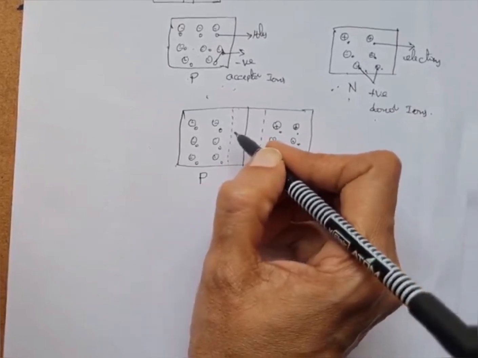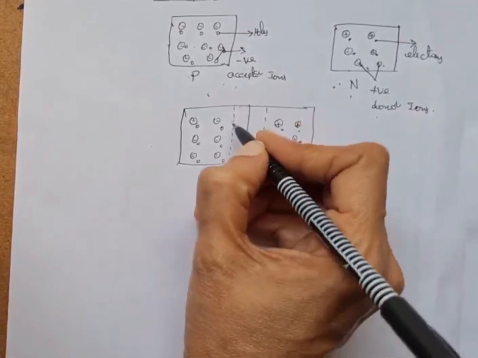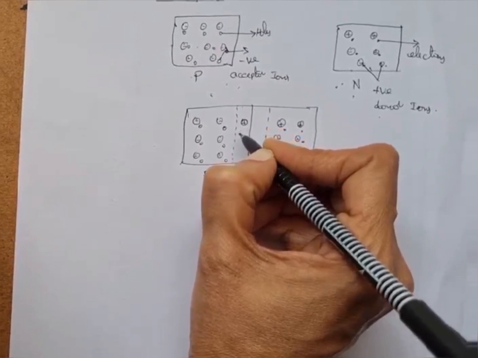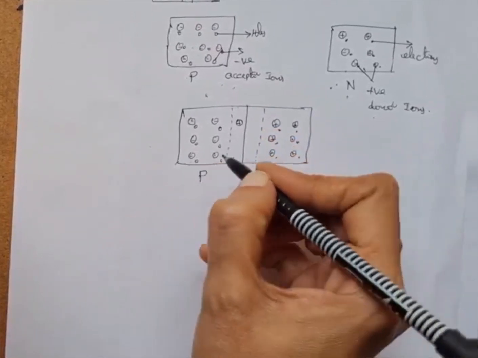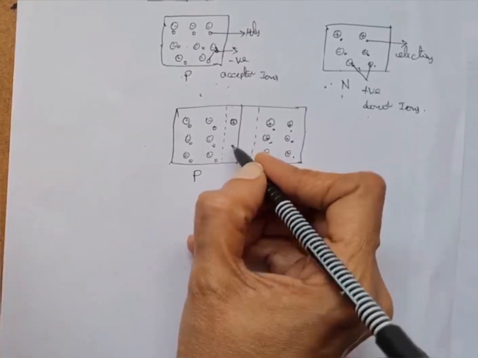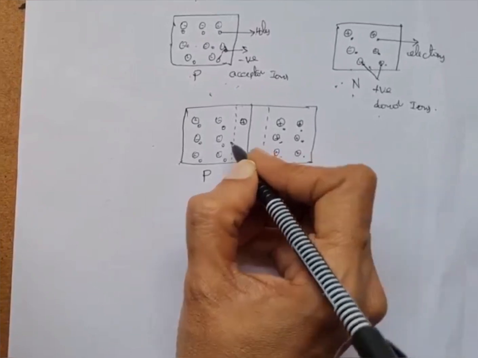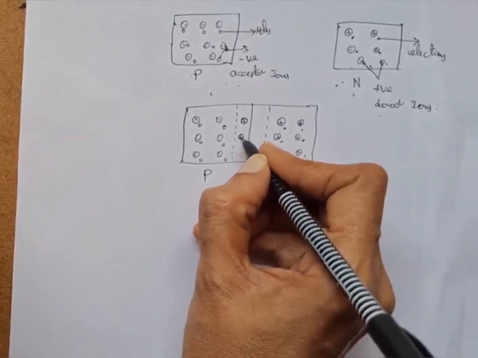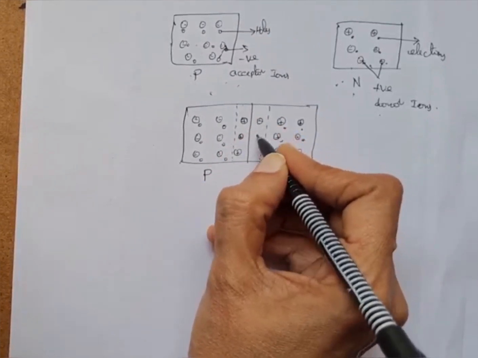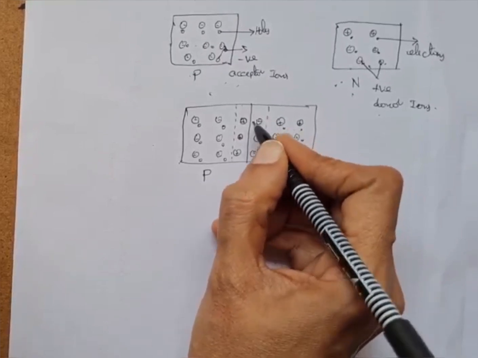This is called a density gradient. This process is known as diffusion. In the last class we already saw what diffusion is. Diffusion means the concentration of holes is high on the p side compared to the n side, and in the same manner the concentration of electrons is higher on the n side compared to the p side. So see here, these electrons are moving towards the p side and these holes are moving towards the n side.